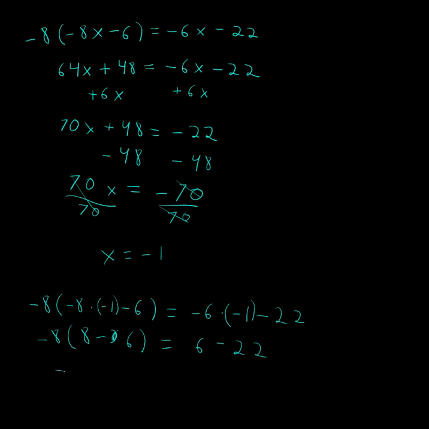And so we can rewrite this as negative 8 times 2 equals 6 minus 22, or negative 16. And we see that negative 8 times 2 does equal negative 16. This equation is true, and that means our x equals negative 1 worked. So we're good. We can go up here and say our solution is x equals negative 1.